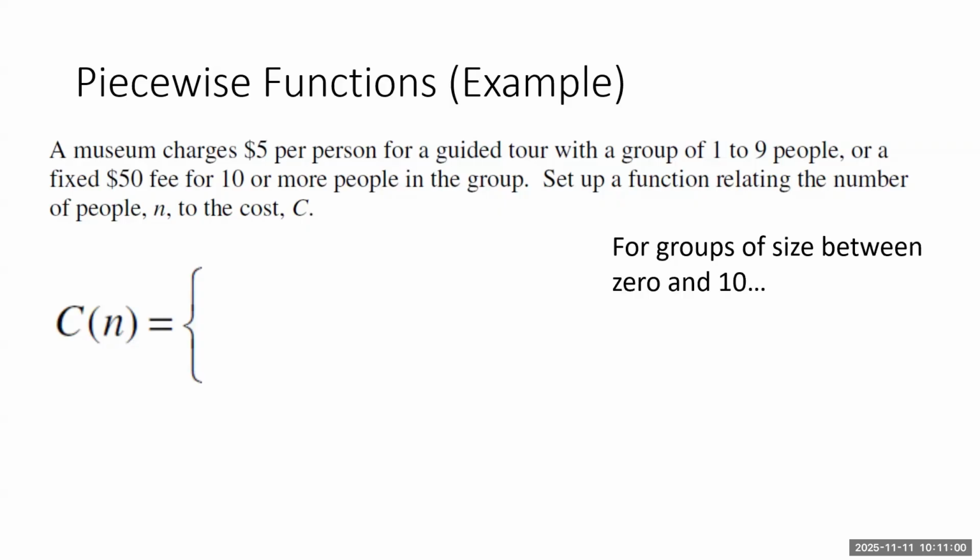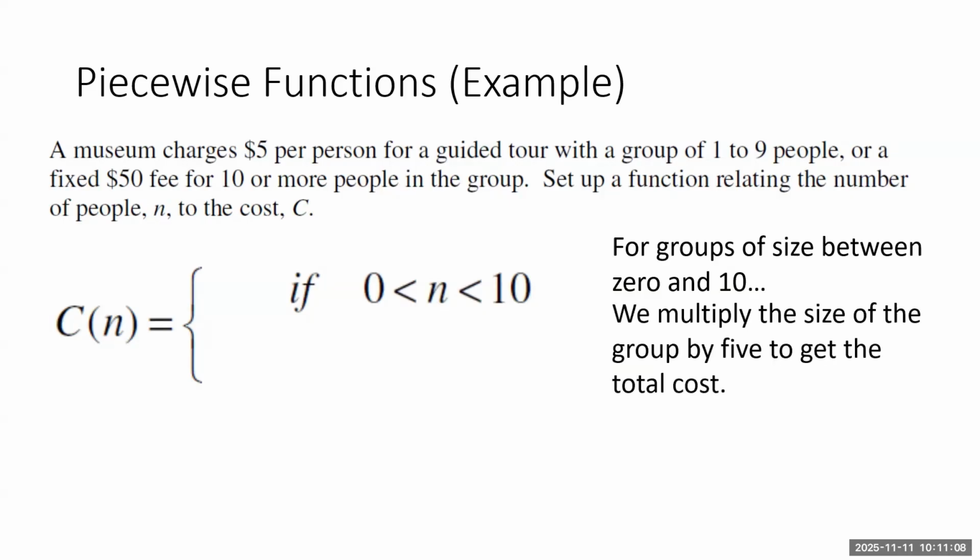For groups of size between 0 and 10, we're saying if 0 < n < 10, to the left of that, we're going to write the formula, which would be multiplying the size of the group by 5 to get the total cost. Therefore, that would be 5n, because we defined our variable to be n. So in our curly brace, in the top line, we have 5n if 0 < n < 10.